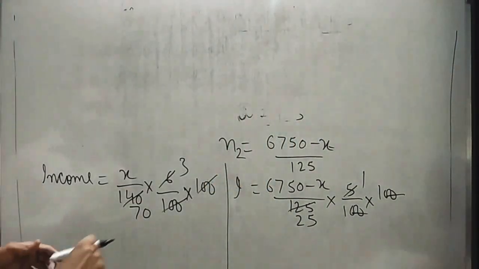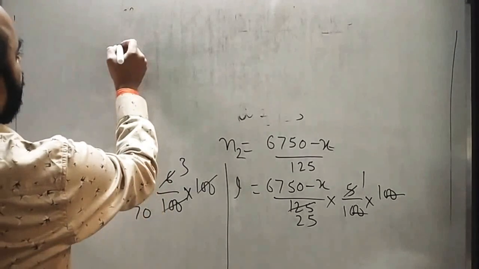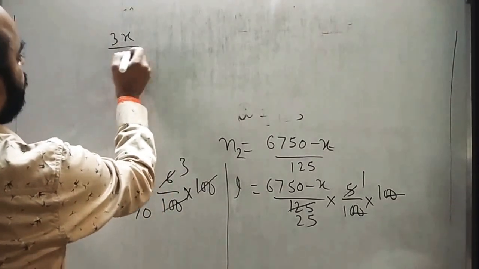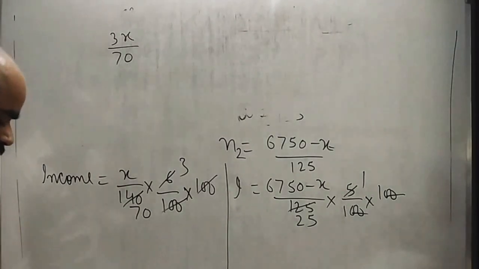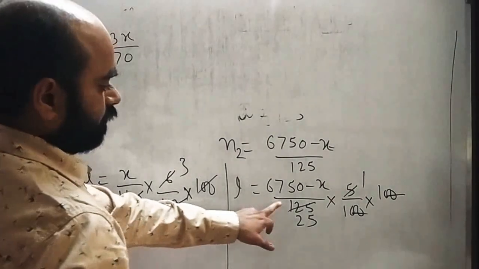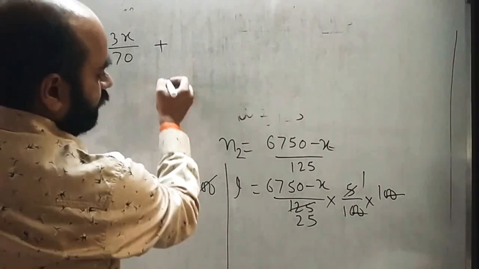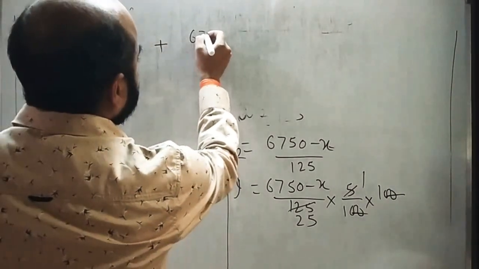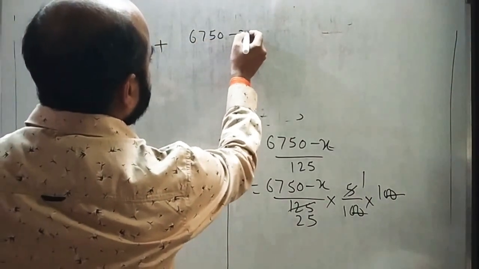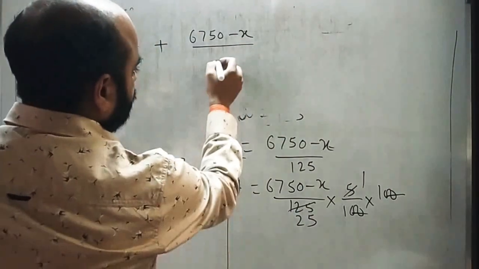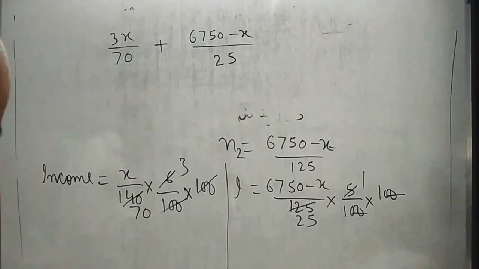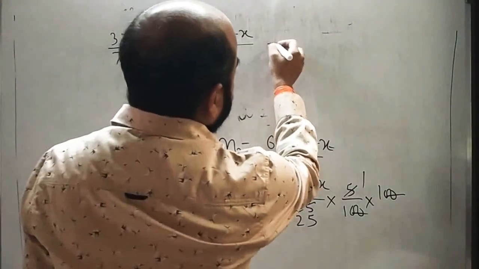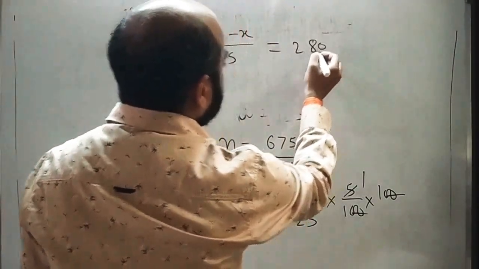So finally this will give 3x upon 70 plus, this will give total income we are calculating, 6750 minus x upon 25 and equal to total income is given 280. So this is the final equation.